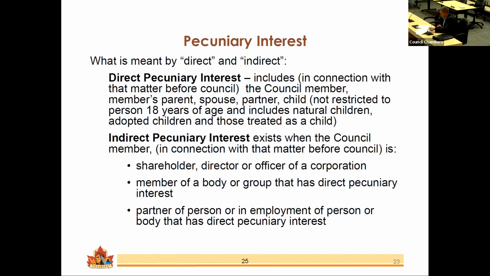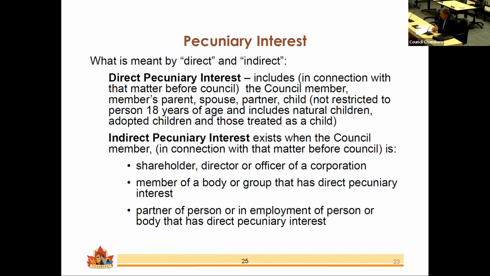Next slide. Section 5 of the Act refers to both direct and indirect pecuniary interests. So what's meant by that? The direct interest can include that connection or conflict with that matter before council, either of the council members themselves, their parents, their spouses, partners, and it even extends to children.